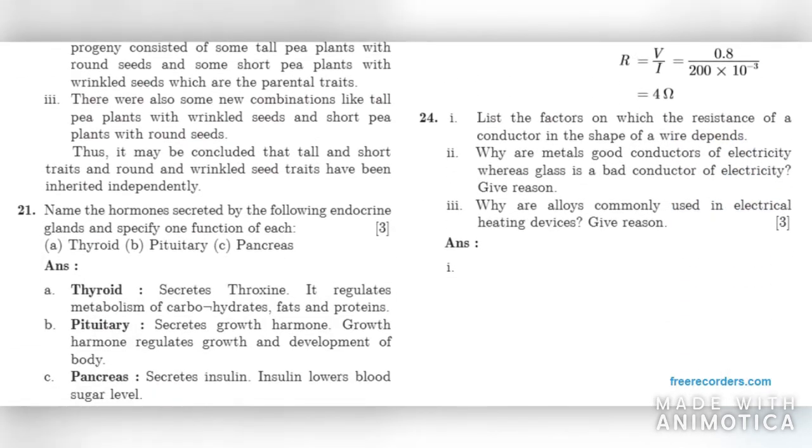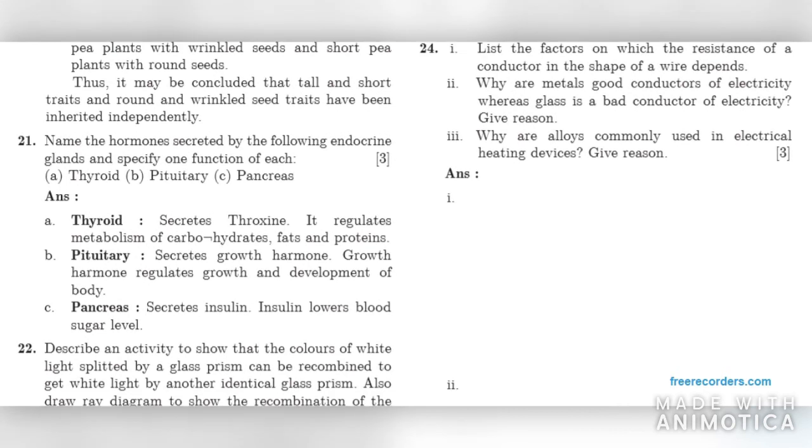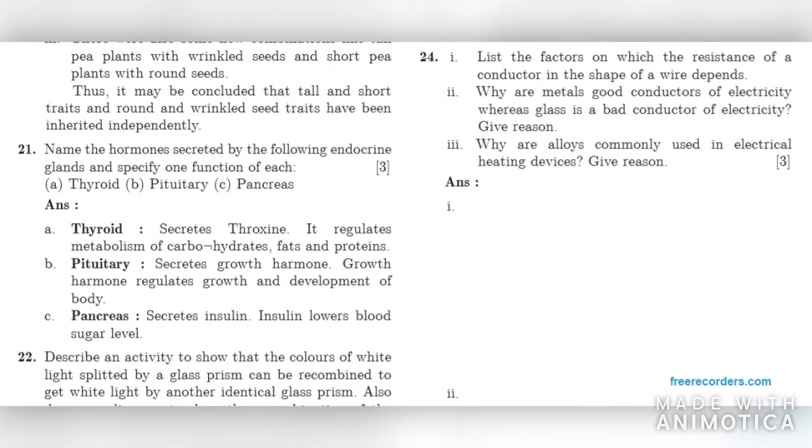Now moving on to question number 24. You have to list the factors on which the resistance of a conductor depends. The shape of a wire matters: resistance is directly proportional to the length and inversely proportional to the area. Then the second part: why are metals good conductors of electricity whereas glass is a bad conductor?